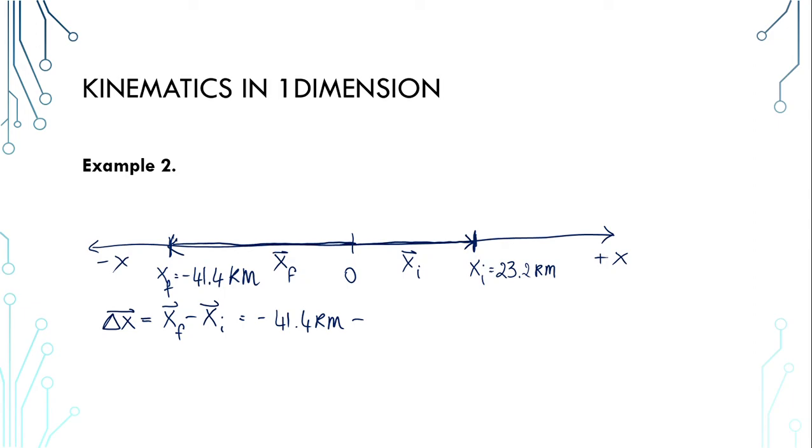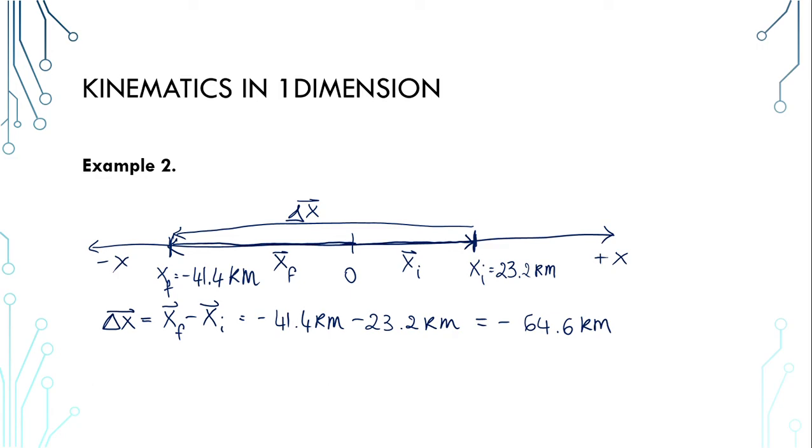From that, we subtract 23.2 kilometers, and therefore the total displacement is negative 64.6 kilometers. The reason why the displacement is negative is because it's the difference of these two vectors here, which essentially is going to be a vector of this length that points to the left.